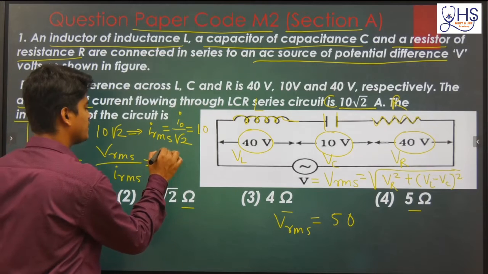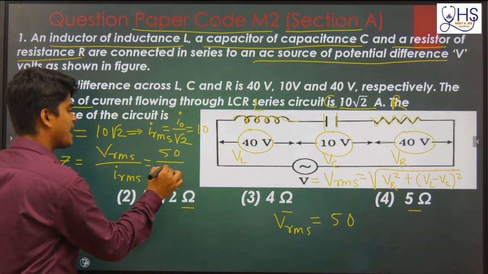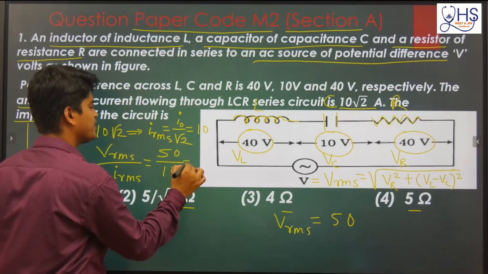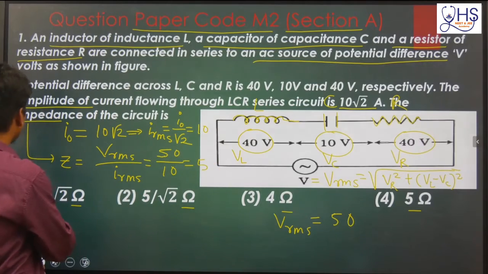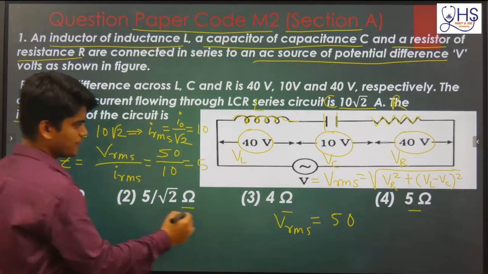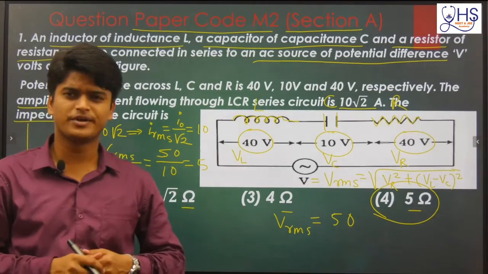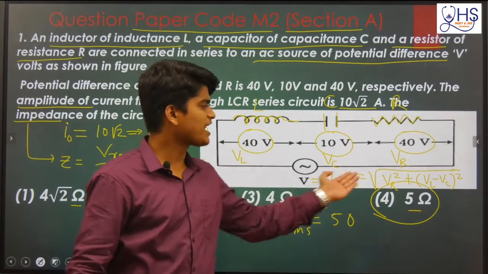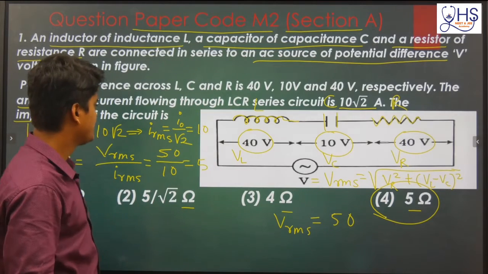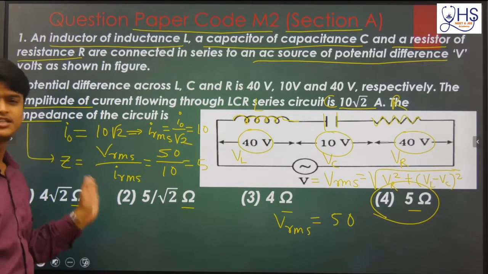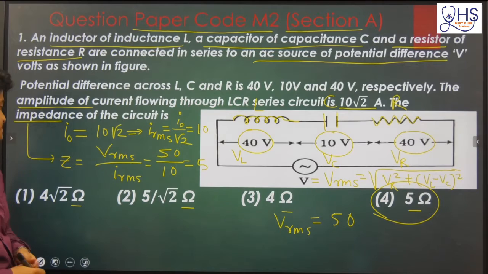Now I will write V RMS 50 and I RMS is 10. So I am getting the answer as 5. So here the answer will be option 4. So easily you are solving. If you remember this V RMS formula, then easily you can understand the impedance they are asking.